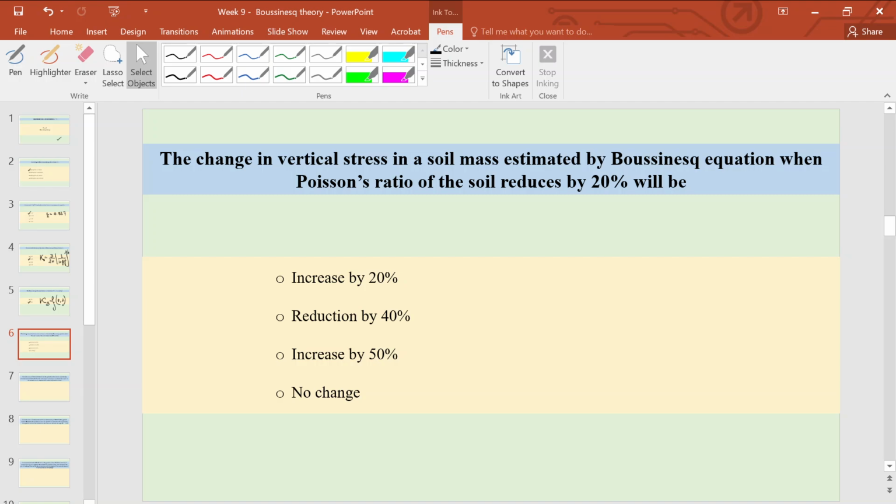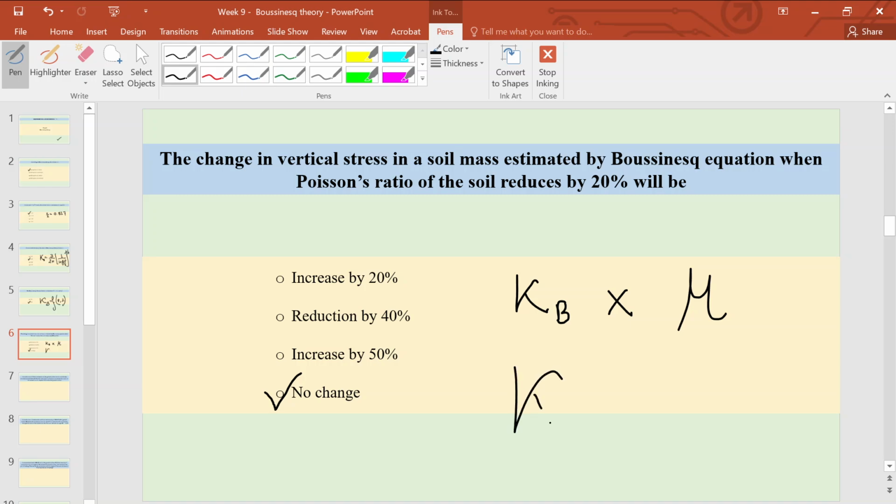No change, sir. Why? Where can we see the change? In the previous formula, there is no Poisson's ratio. Yes, so the Boussinesq influence factor does not depend on Poisson's ratio. There is no relation.